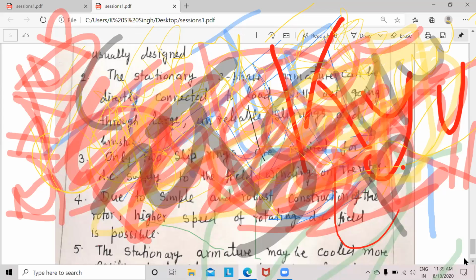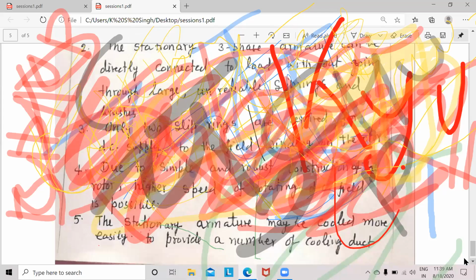The stationary armature may be cooled more easily, as a number of cooling ducts can be provided, because the periphery of a large synchronous generator is large and a number of ducts are provided. In the case of a large synchronous generator, proper cooling takes place.